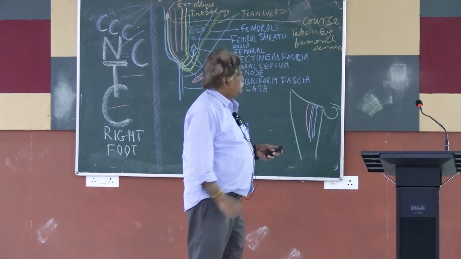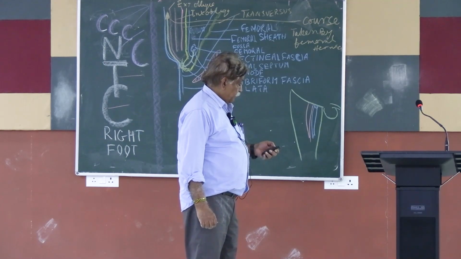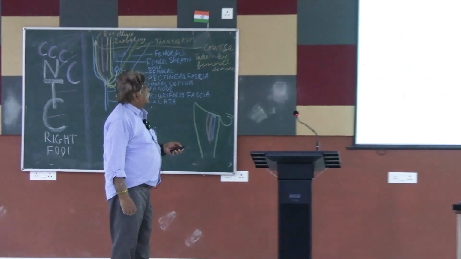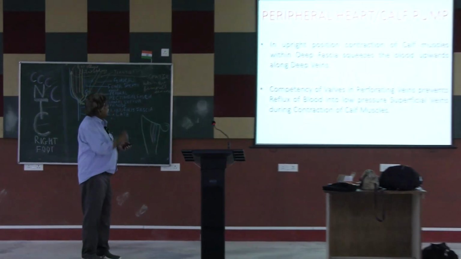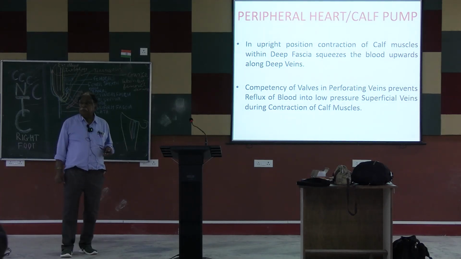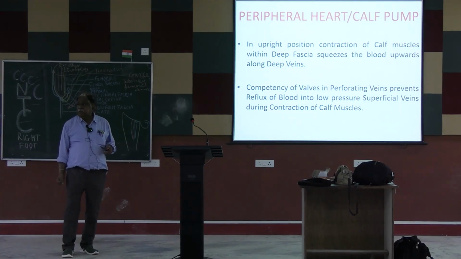Now, in upright position, contraction of the calf muscles within deep fascia squeezes the blood upwards along deep veins. So that acts.